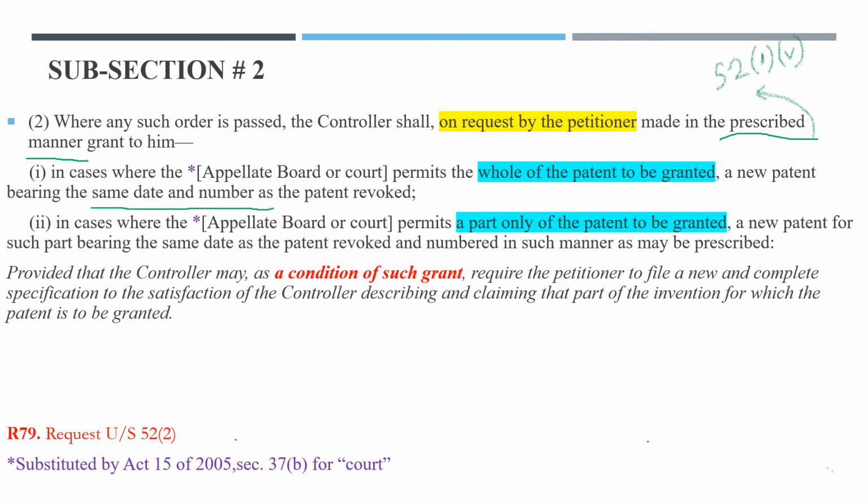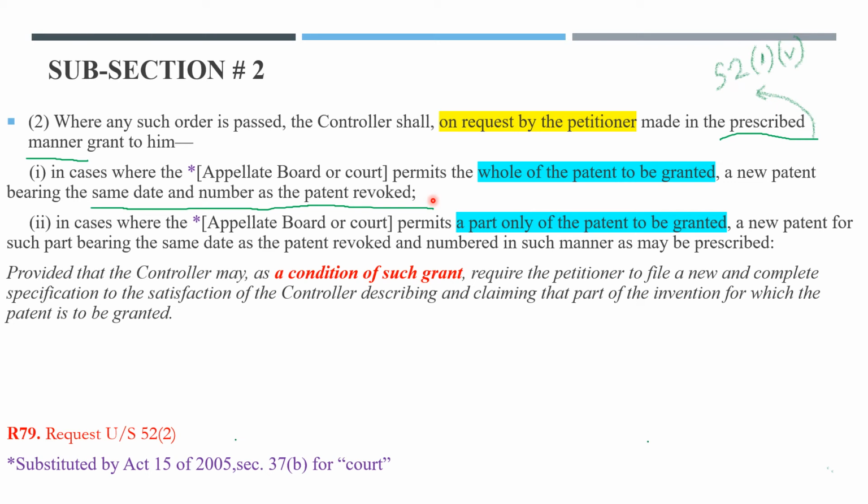That means the condition here is where the Appellate Board or court permits the whole of the patent to be granted, a new patent bearing the same date and number as the patent revoked. That means it bears the same date as that of the patent that is revoked.